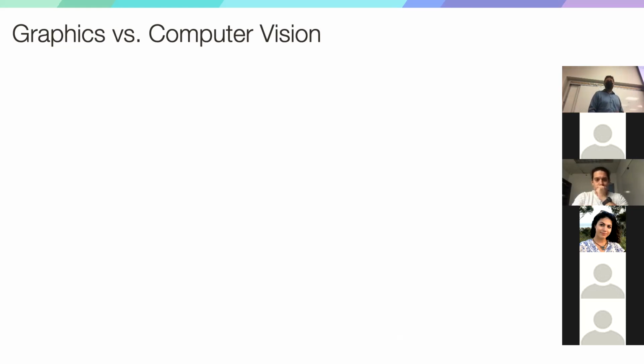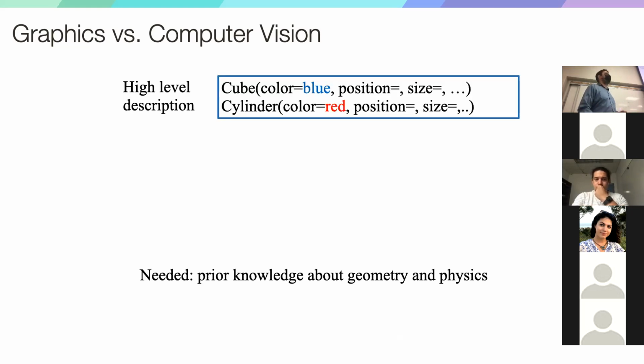And this might actually remind you a little bit of the analogy between computer graphics and computer vision, right? Because computer graphics also deals with the problem of generating data, right? Think of a computer game engine. You have to generate scenes, but it's very different in certain regards. So computer graphics typically deals with a high-level description of the things that you want to display.